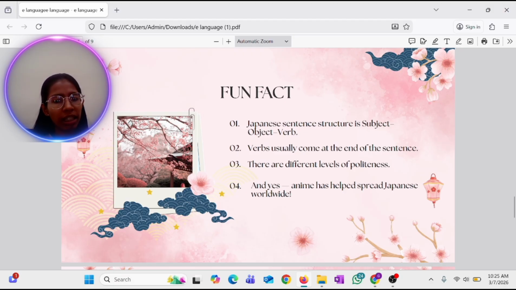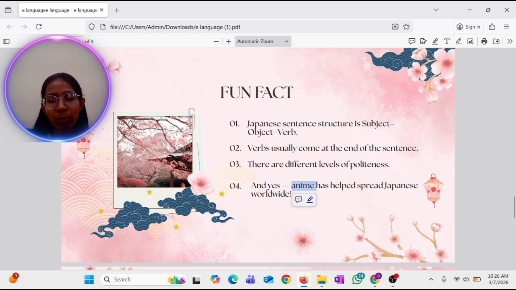Then there are different levels of politeness. Like if you are sorry, there are angles of bowing: 20 degrees, 30, 40, 45, and then 90 degrees for showing you are polite. And then, yes, anime has helped spread Japanese worldwide.